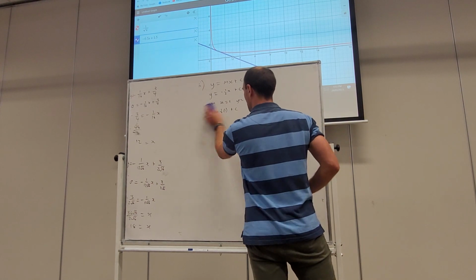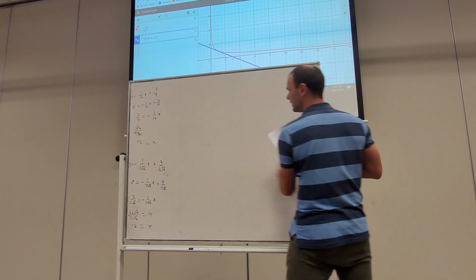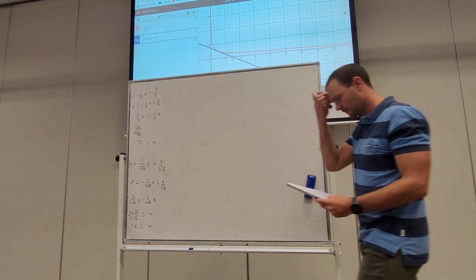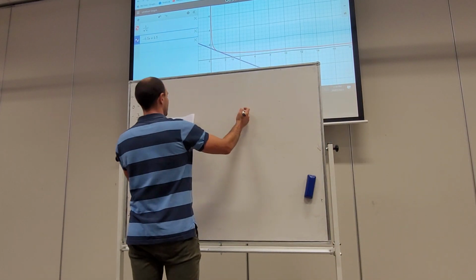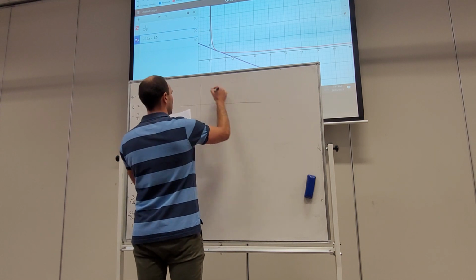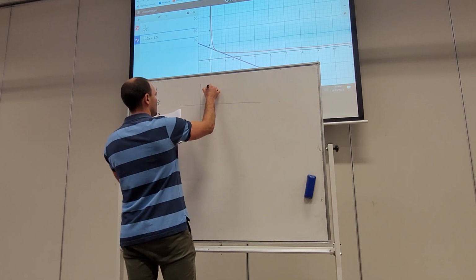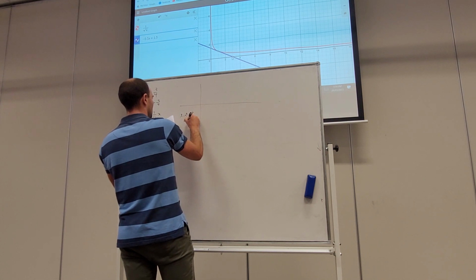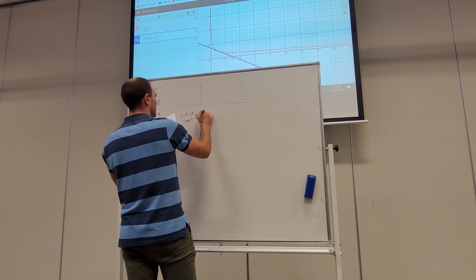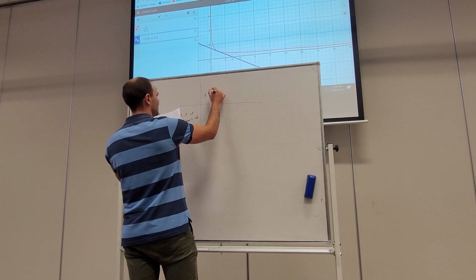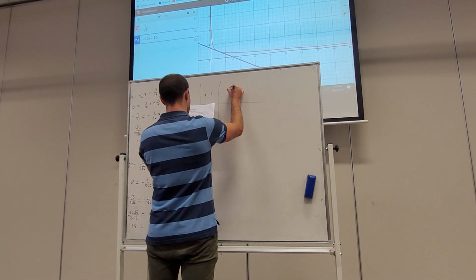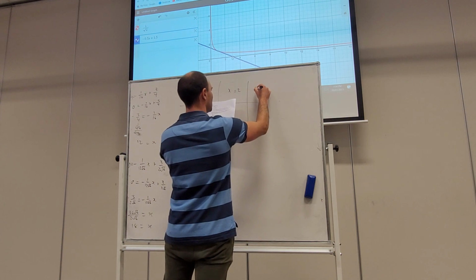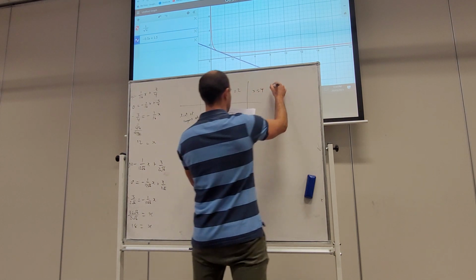Alright, next they want us to make a conjecture, and they're a little bit cheeky because they haven't given us a table to reflect on. So I'm going to put all of our stuff in a table and see if we can notice a pattern. X-intercept of tangent at x is 1, x is 2, x is 4, and we looked at x is 6.